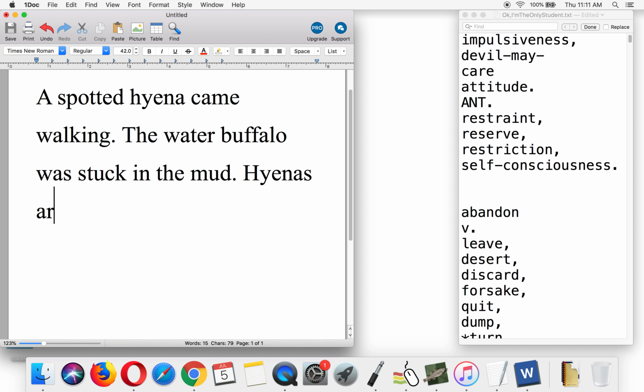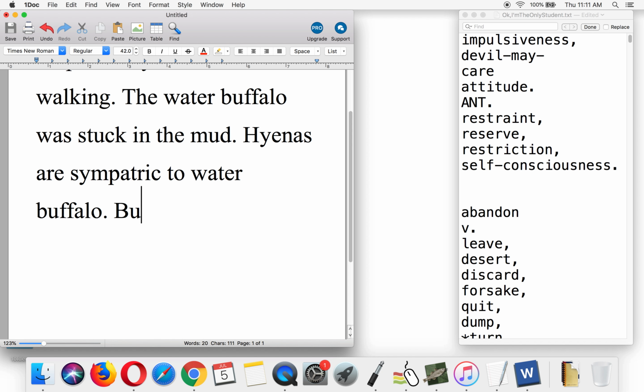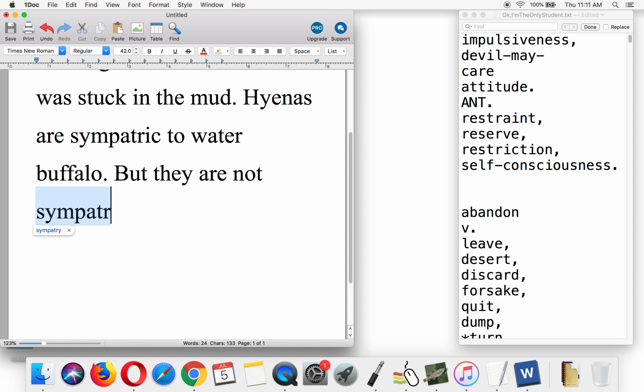Hyenas are sympatric to water buffalo, but they are not sympatric to water buffalo. Okay, instead of they, which is a pronoun, we're going to put hyenas again.